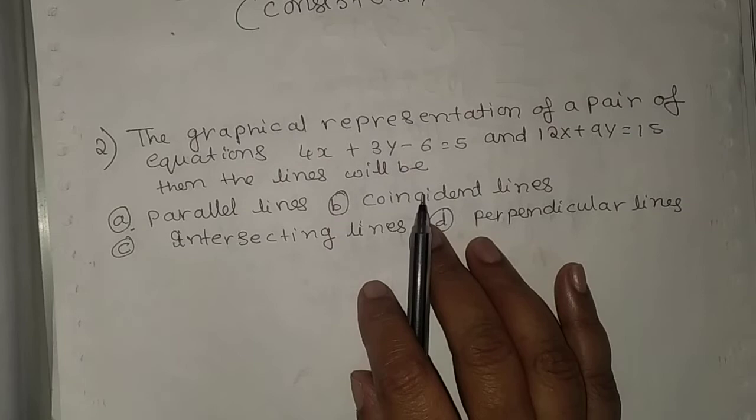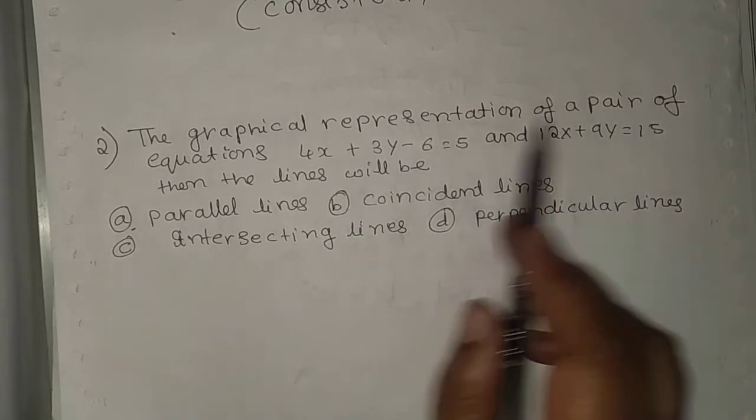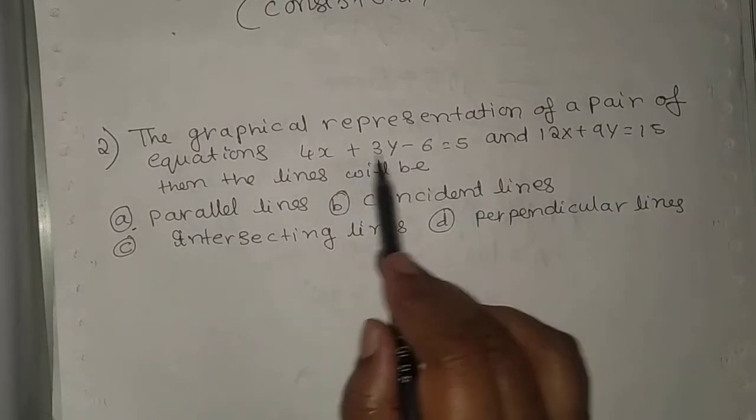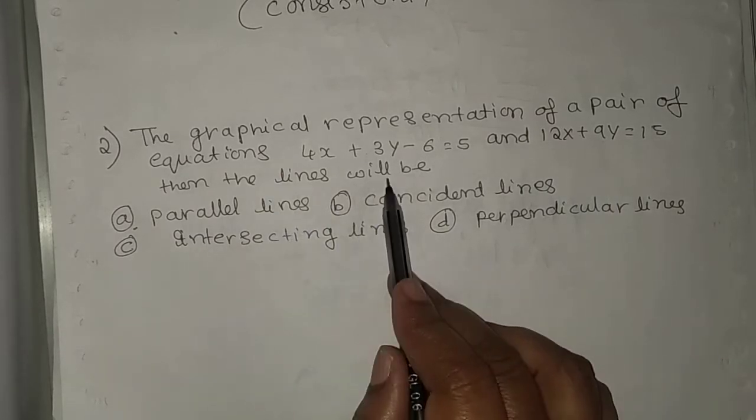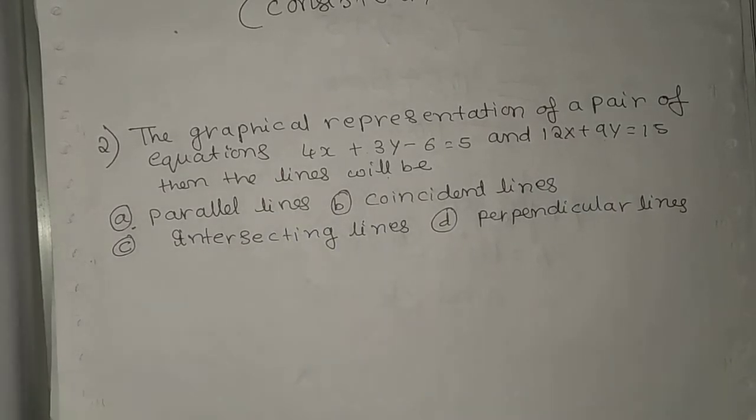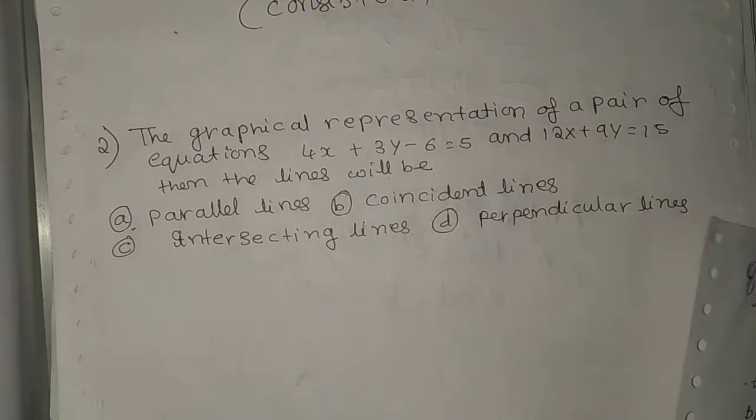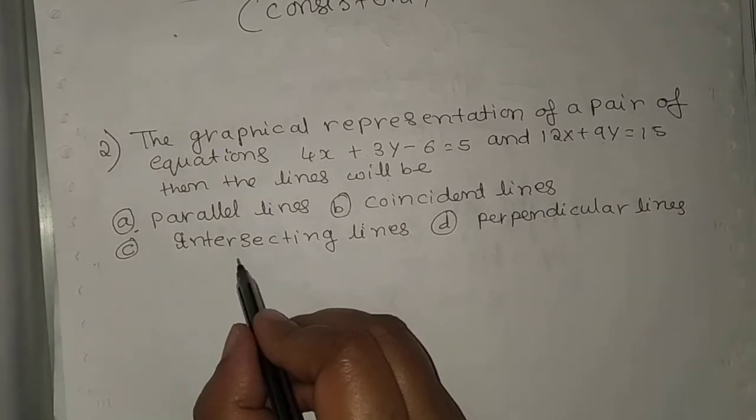Now we move on to the second one. The graphical representation of a pair of equations is given, then the lines will be. So we have to solve this one. Two equations are given, so we just take the equations.